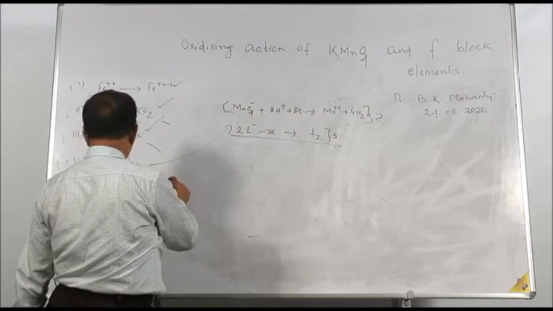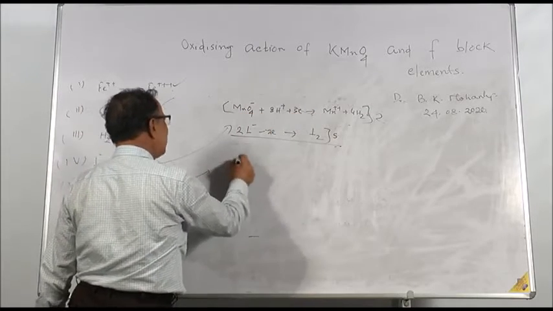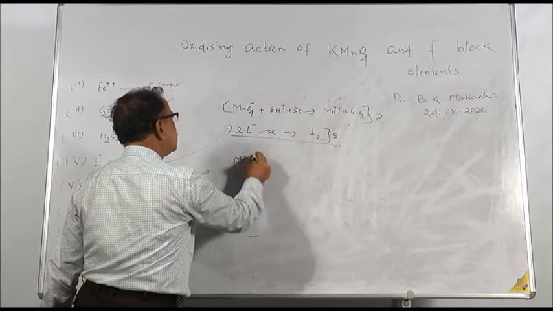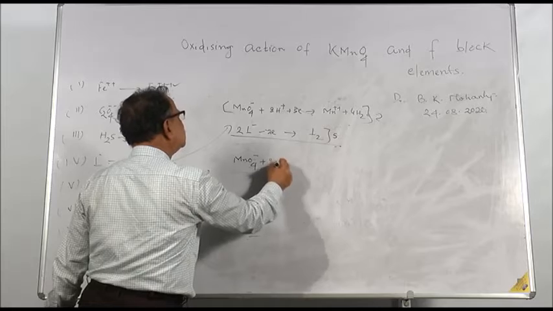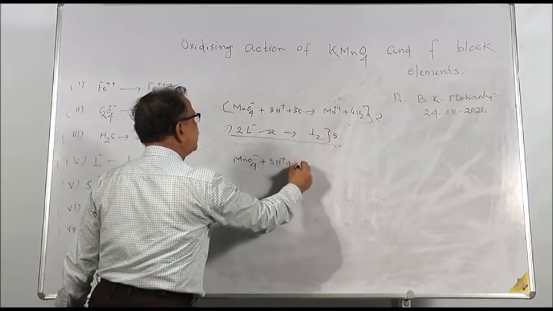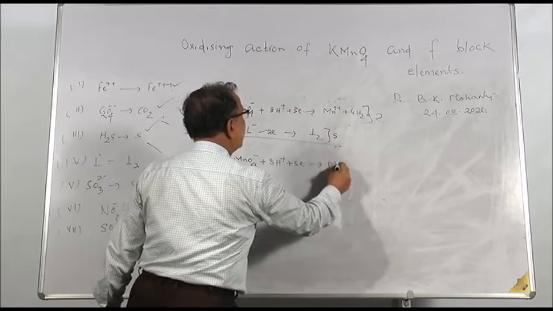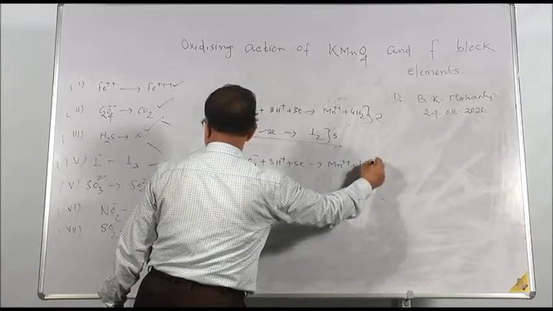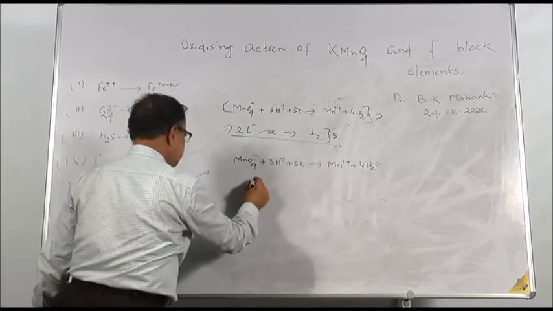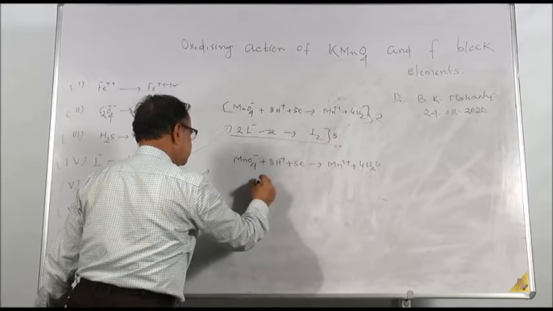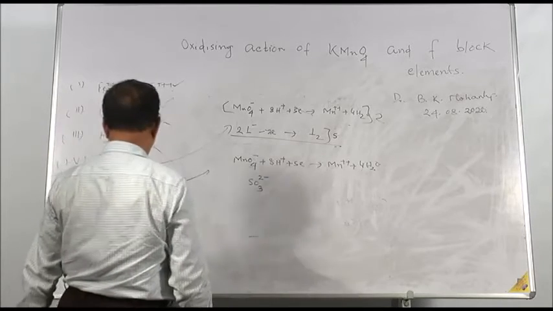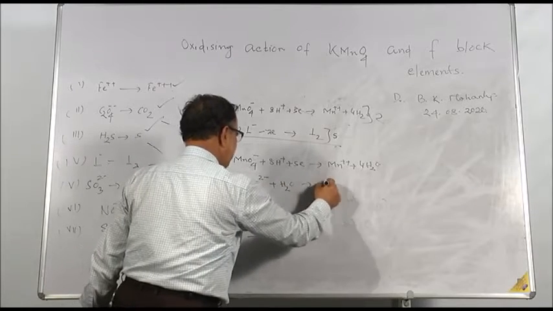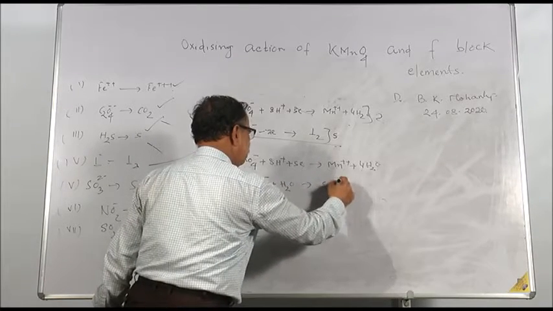Similarly SO3 2 minus to SO4 2 minus, same method: MnO4 minus plus 8H plus plus 5e forms Mn2 plus plus 4H2O. SO3 2 minus plus H2O forms SO4 2 minus.